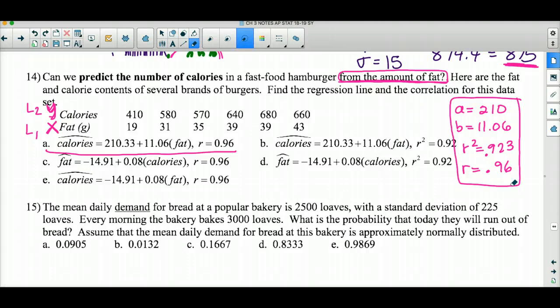Why isn't it B? But they told you it was r squared. Does it say find the regression and the correlation? So you do not want the r squared, you want the r value. Go ahead to the next question.